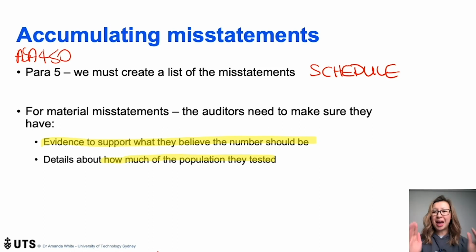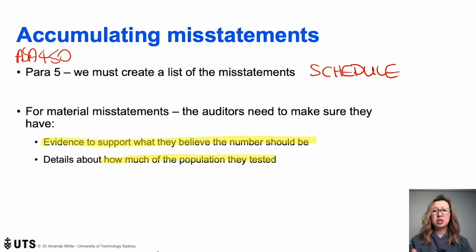Because managers want to believe that their number is the correct number. We want to believe our number is the correct number. And it's not an easy process to say to management, here, change your accounts. So where there is a clear mistake, they'll be like, yeah, sure.